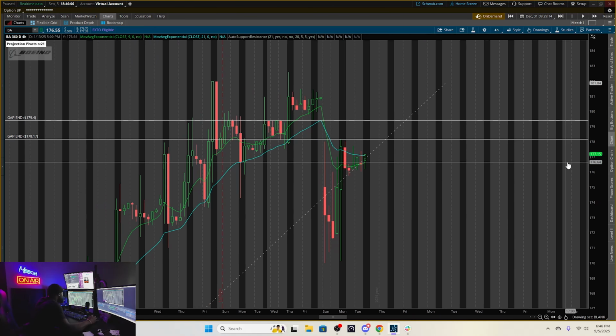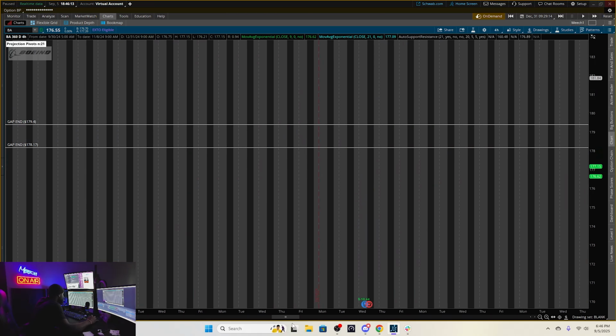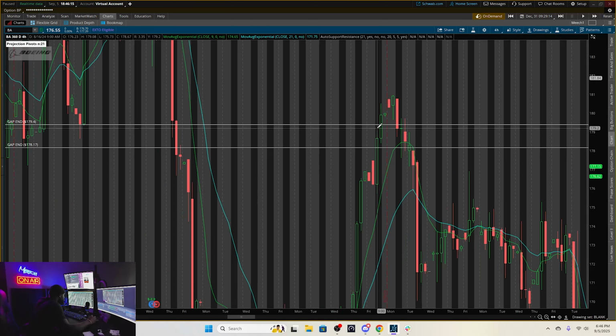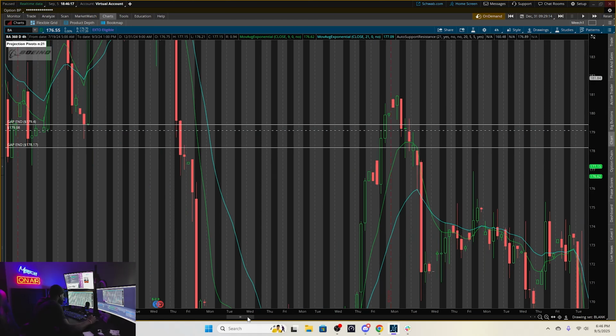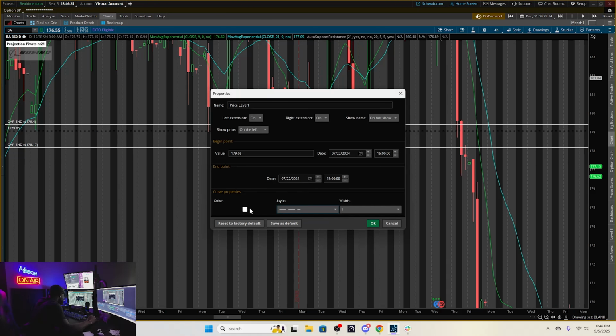So basically, we might not need to set up any in-between levels. So we have that resistance, kind of lines up with this resistance. Let's see.